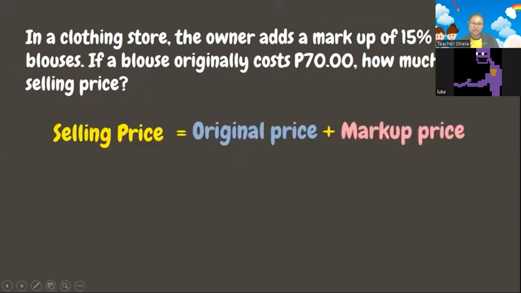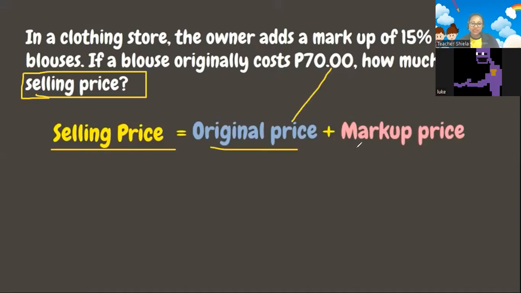So you already know how to solve this. This is just the formula, but I know it's easy to understand, right? You just have to add because we are looking for the selling price. Your answer is actually correct. Add the original price plus the markup price, right?